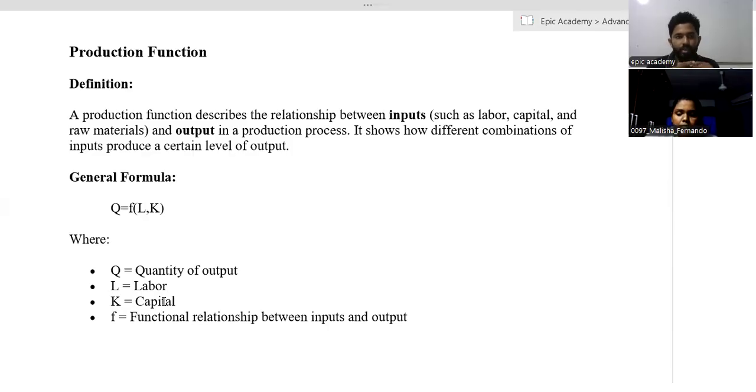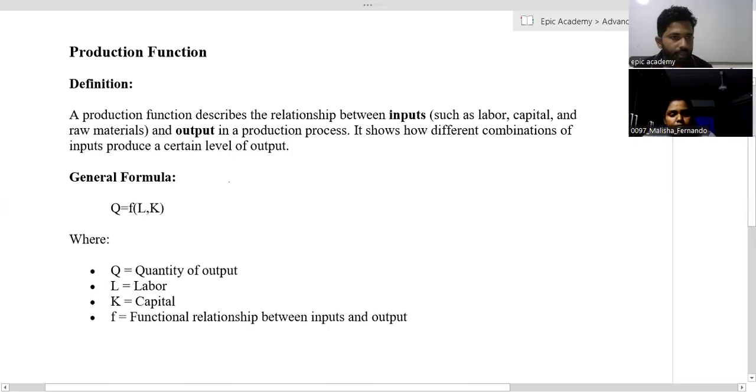And now I'm going to describe the production function. We call it Cobb-Douglas production function. Cobb-Douglas means the two persons who innovated that production function in the economics field, Cobb and Paul Douglas. Okay.